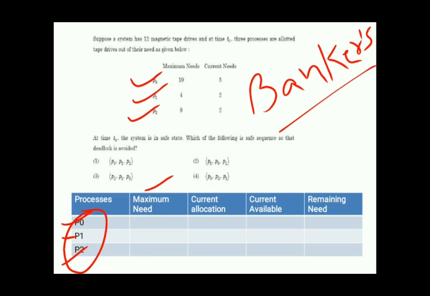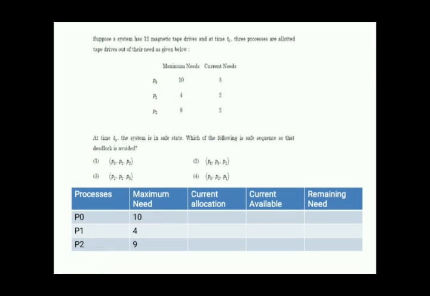The maximum needs are already given in the question: for the process p0 the maximum need is 10, for the process p1 the maximum need is 4, and for the process p2 the maximum need is 9. Write these maximum needs in the second column. Now the next column is the current allocation, which is also given in the question.